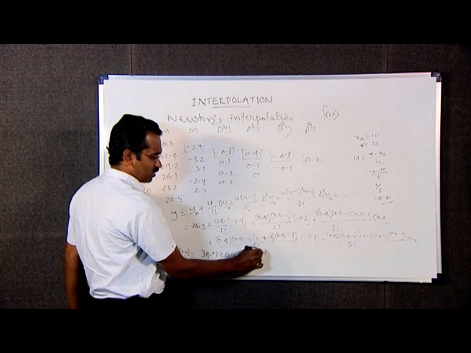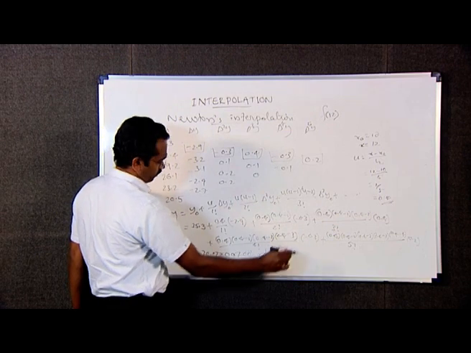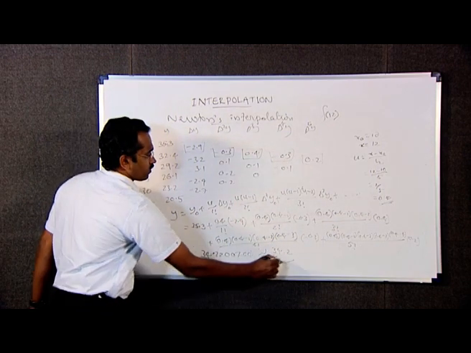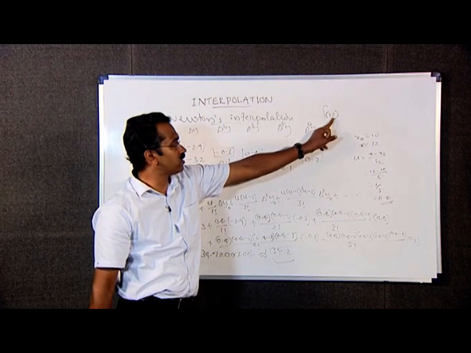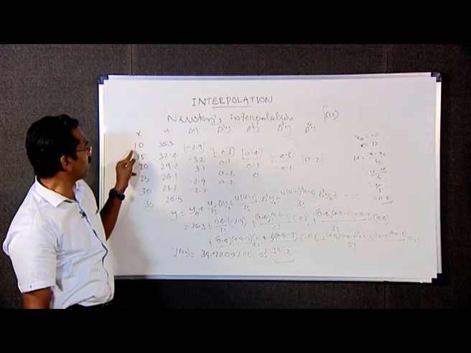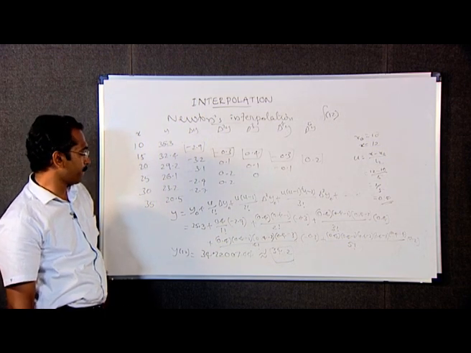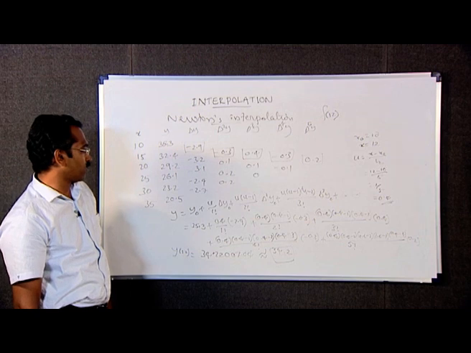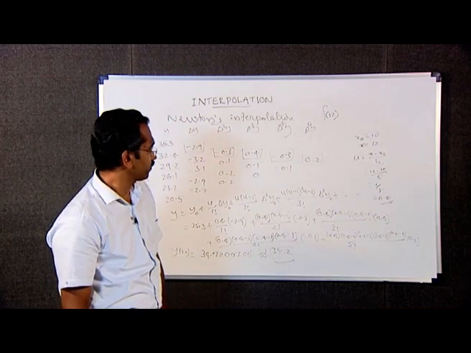We can approximate this as 34.2. Here, note that 12 is very near the beginning. Therefore, we use the forward difference formula. The value of f of 12 is approximately 34.2.